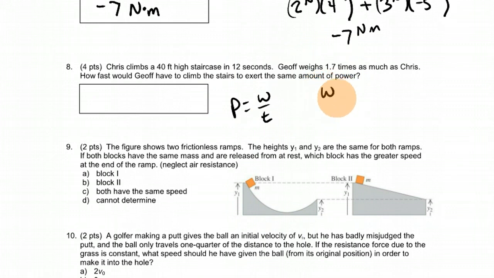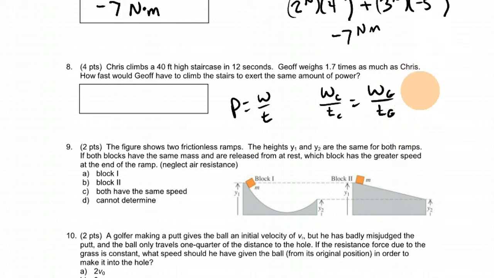So the work by Chris over the time of Chris is going to be the work of Jeff over the time of Jeff. Okay. The work done by Chris is his weight, because he's going up the staircase, so he's going against gravity, times the distance.